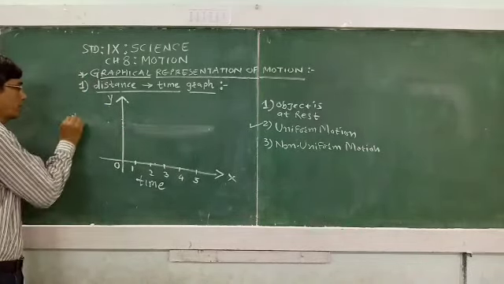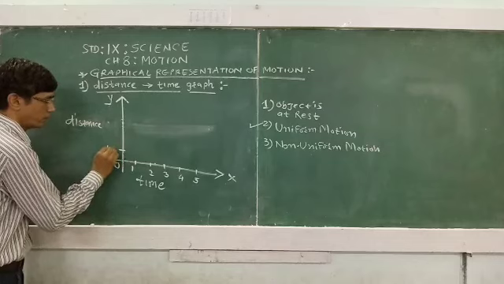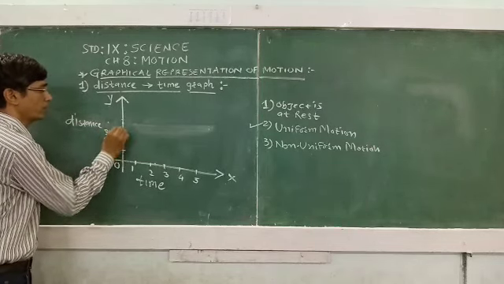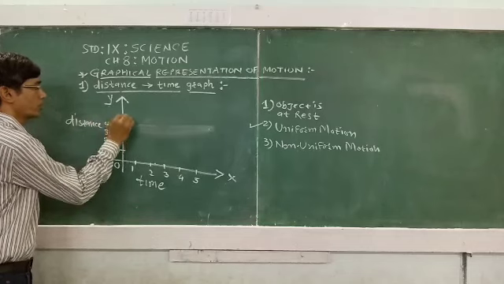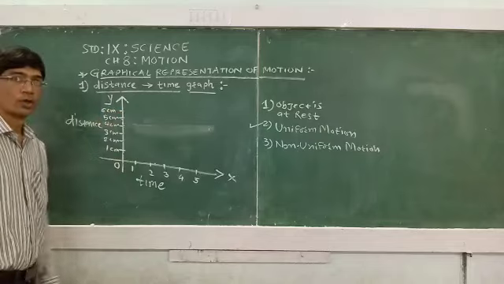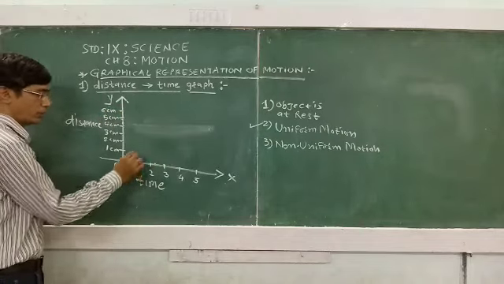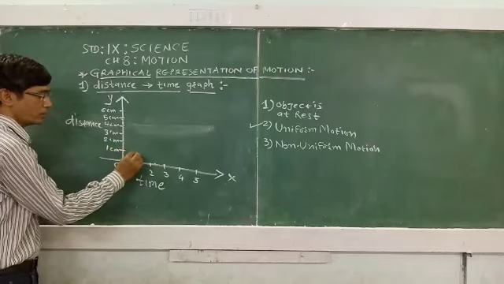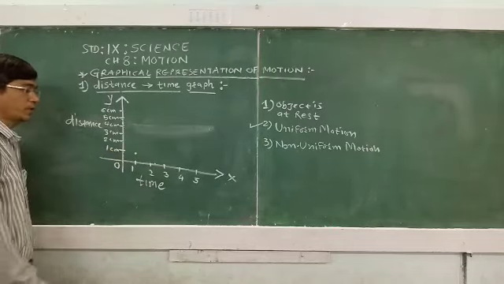Let us take distances 0, 1 cm, 2 cm, 3 cm, 4 cm, 5 cm, 6 cm. When the object is at 1 cm, the time is 1 second.